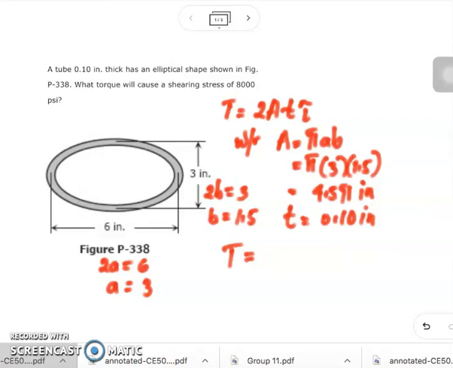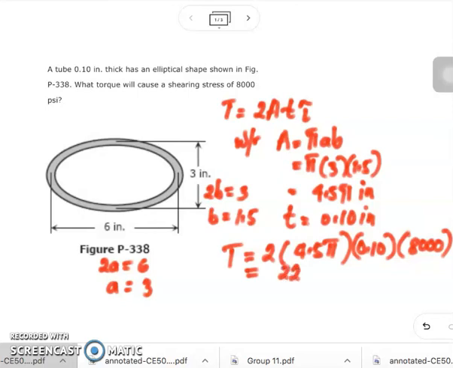So we have 2 times 4.5 pi multiplied to our thickness, which is 0.10, and multiplied to our allowable shearing stress, which is 8,000, and this gives us 22,619.47 pound-inches, or this can be equivalent to 22.62 kip-inches. So this is all for our problem number 1.